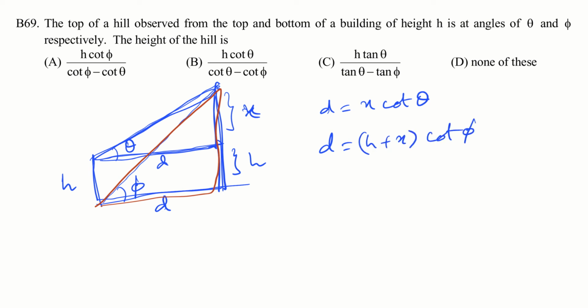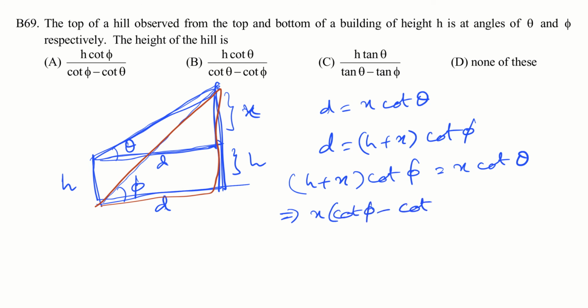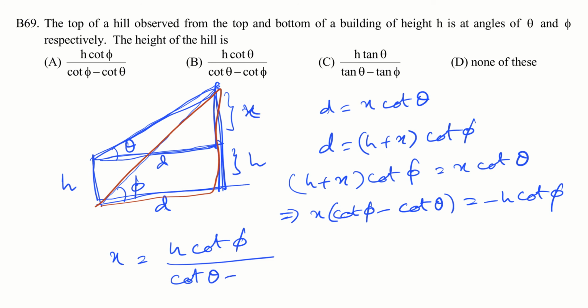So if I equate these two, I'll have (h plus x) cot phi equal to x cot theta. Now we will find x from this. I have x into (cot phi minus cot theta) equal to minus h cot phi. So x is nothing but h cot phi by (cot theta minus cot phi).